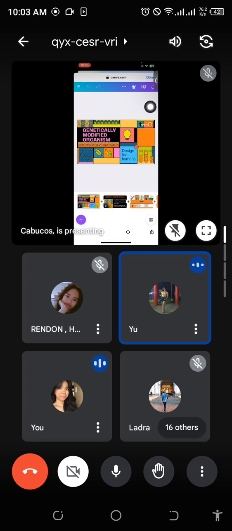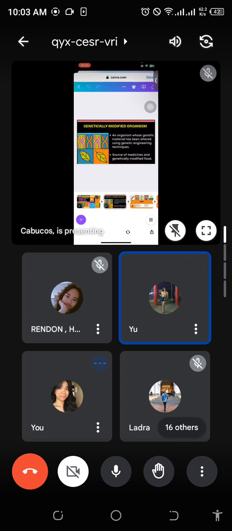Next slide, Day. So, genetically modified. So, ang GMO is organism is gi-alter. So, alter, it means gamit ang genetic engineering techniques.